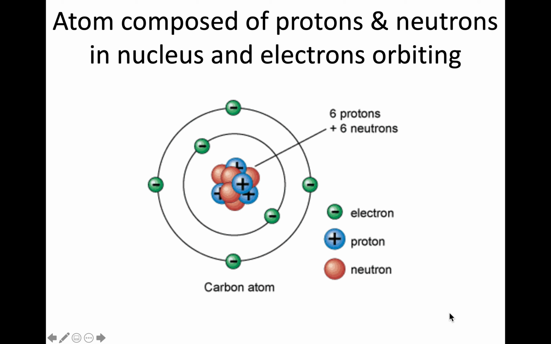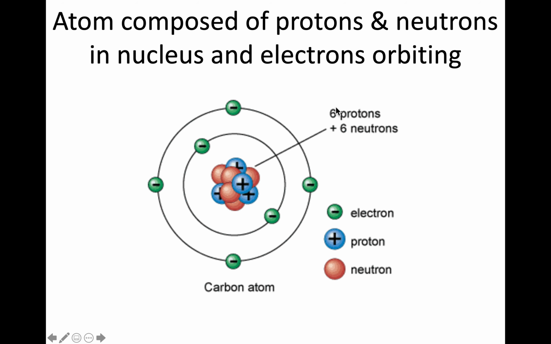All right. So the very basics here, when we're talking about atoms, you should recall from a lot of other classes that the nucleus here in the center is composed of protons and neutrons. This one is carbon, so it has 6 and 6. The number of neutrons can change for the various isotopes, but the number of protons is the same.